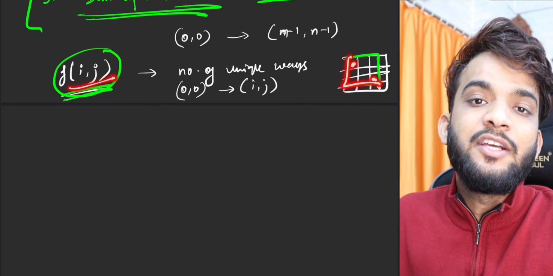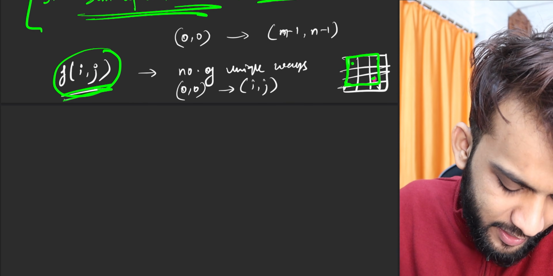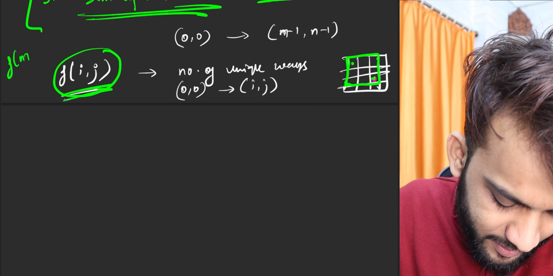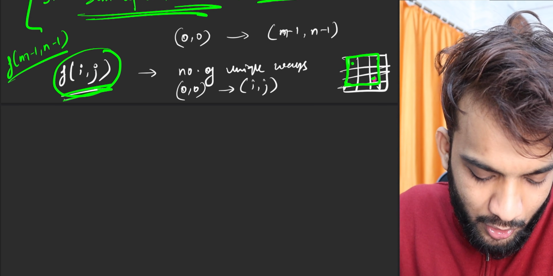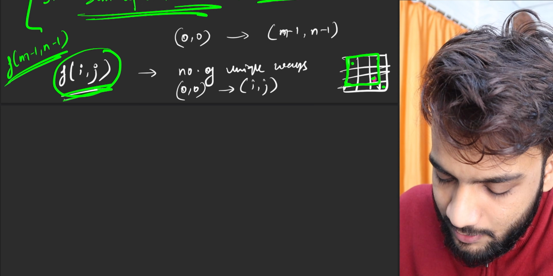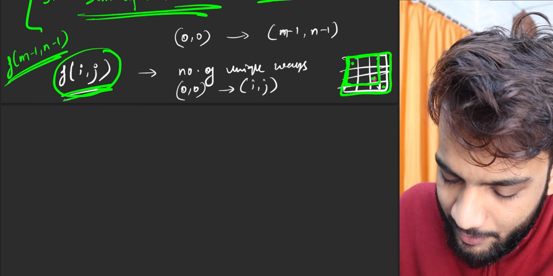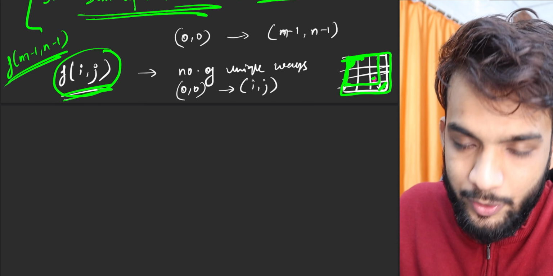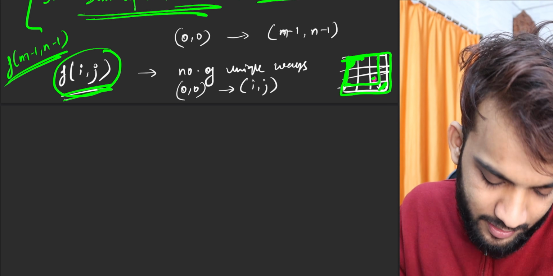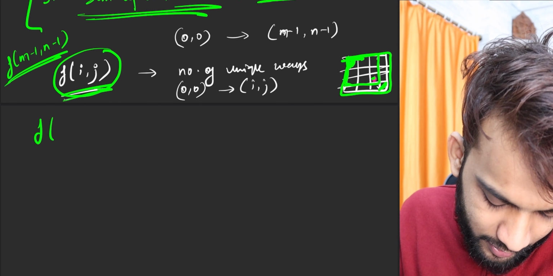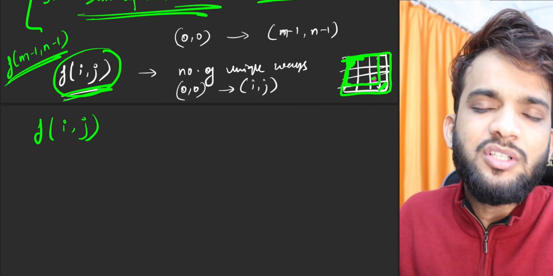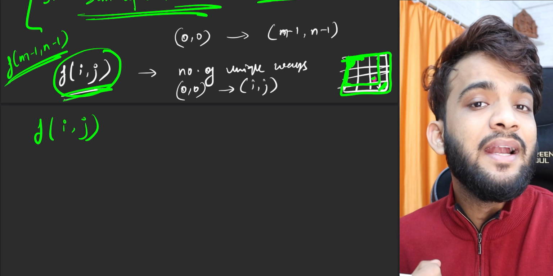It's trying to figure out in how many ways can you reach from here to here if i and j is this, right? So where will we start off with? We will definitely start off with f of m minus 1 and n minus 1, because I want to find in how many ways can I reach from here to here. So the entire matrix, right? So I can say I'll start off with i comma j, where the initial values of i comma j will be m minus 1 and n minus 1.